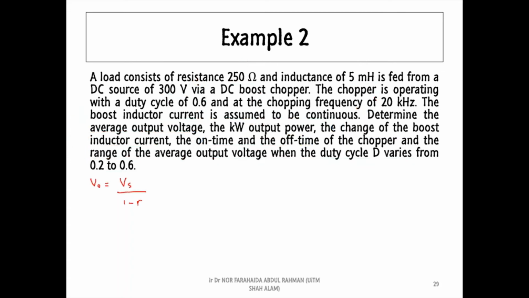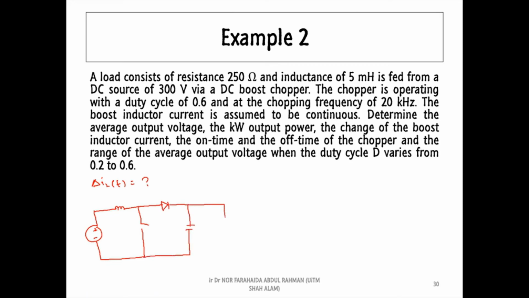Firstly, we can calculate the average output voltage using this equation. Based on the output voltage, we can calculate the output power and make sure you give the answer in kilowatt. Next, you can calculate the change of inductor current by referring to the equivalent circuit of the boost converter.